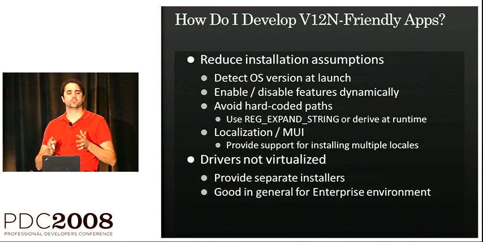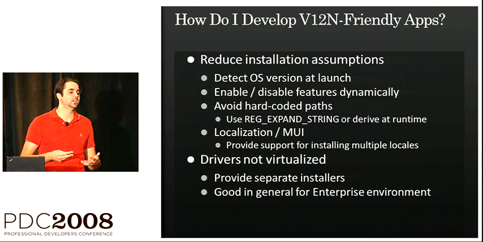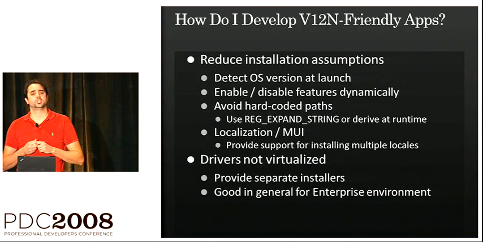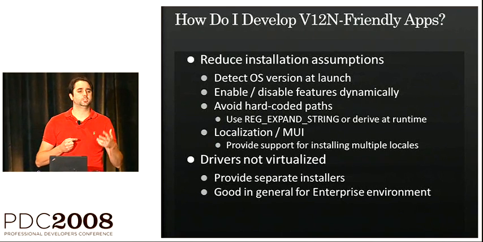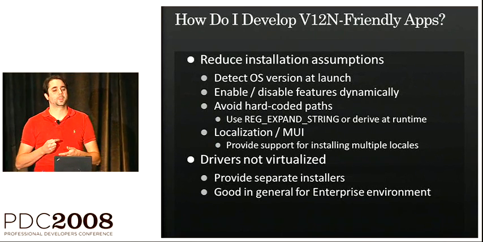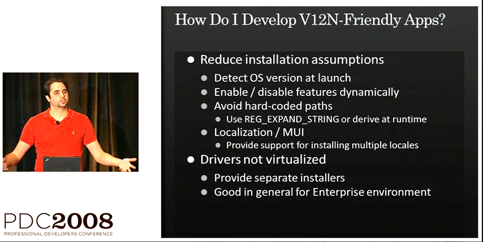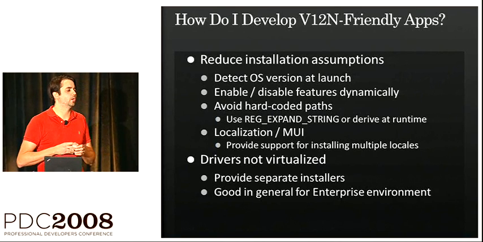Just because the state of the world looks one way when you install an application, it doesn't mean that it's never going to change. Another great example is localization, right? Yes, when I'm sequencing the application, I may be doing it on an English operating system. But that doesn't mean that my entire enterprise is all English. There may be lots of different languages that we want to run on.